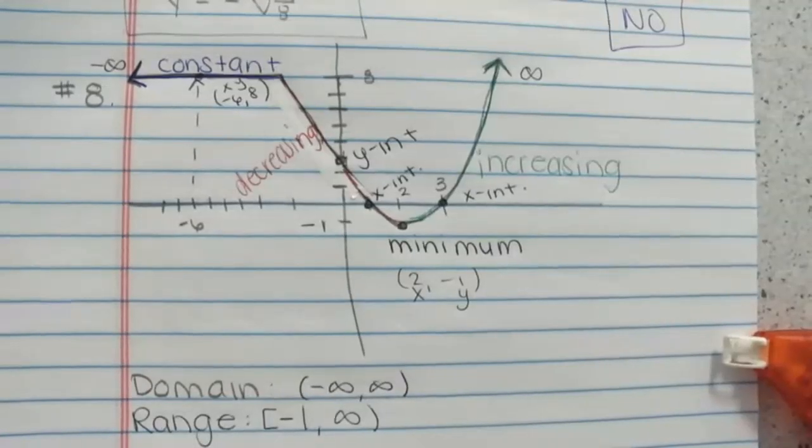All right, number 13. I got a lot of emails about piecewise functions. This is a good one to go over. Number 13 says graph the piecewise function, determine its range, and then evaluate f of -3.